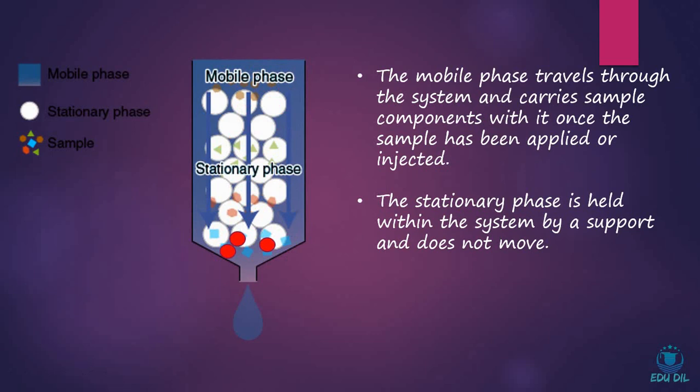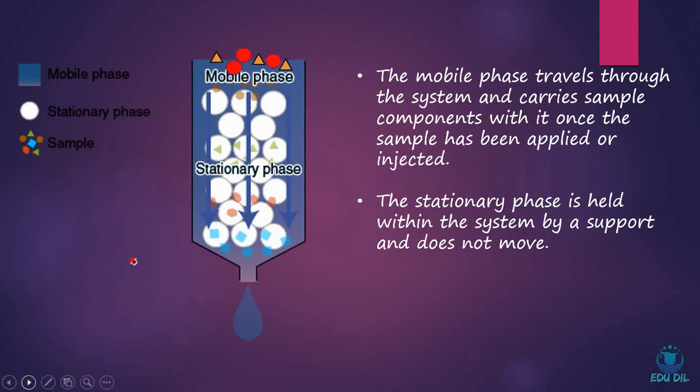They will move very slowly because they will be more highly retained by the stationary phase, and move through the system more slowly than the components that have weaker interactions with the stationary phase.